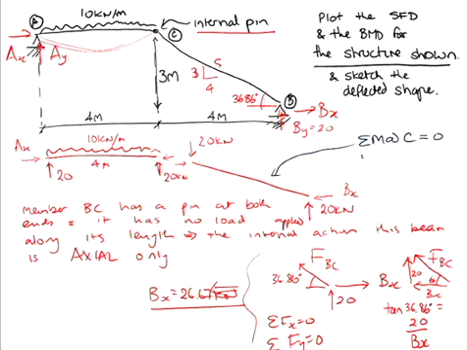So I would say my 20 kilonewton vertical load times my horizontal distance of 4 gives me an anti-clockwise moment about C. And then as drawn, I have my Bx times its perpendicular distance 3 metres, and that's also plus, equals 0. So from this, Bx is equal to minus 20 times 4 on 3, which is equal to minus 26.67 kilonewtons.